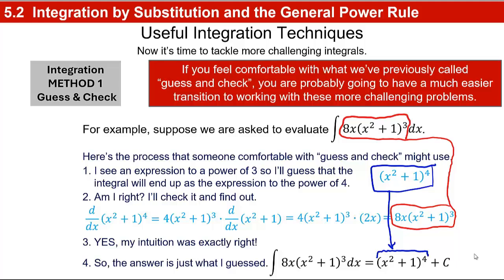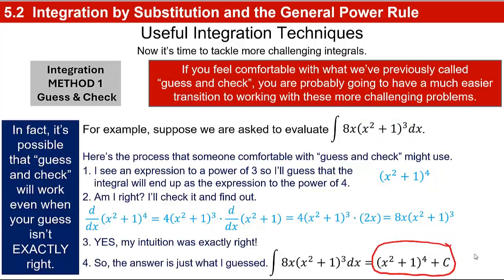You always have to put a plus c because, again, thinking of this as reversing the differentiation process, there could have been any number added to this quantity x squared plus 1 to the fourth, whose derivative would make that constant vanish, so we'll always have to add a plus c.